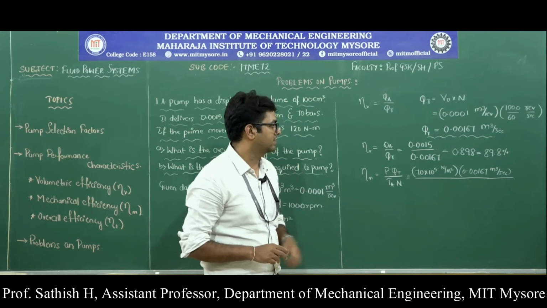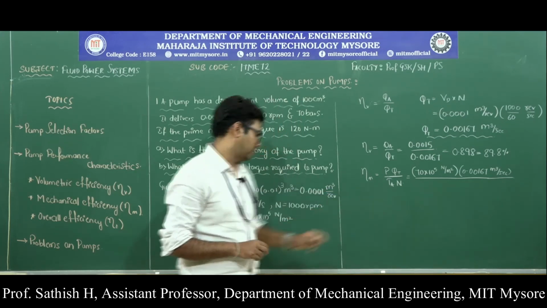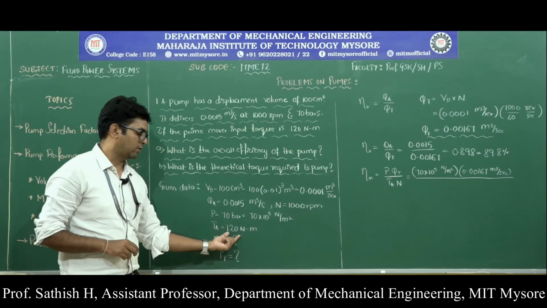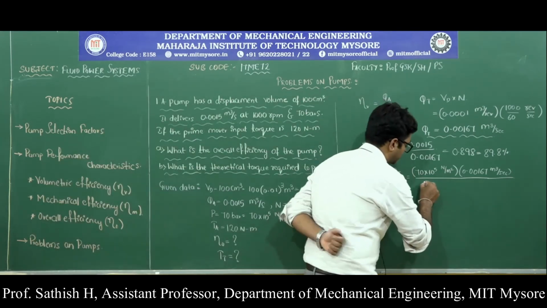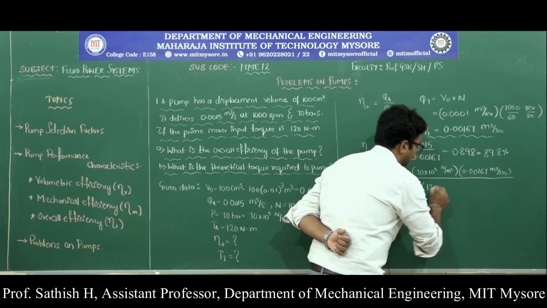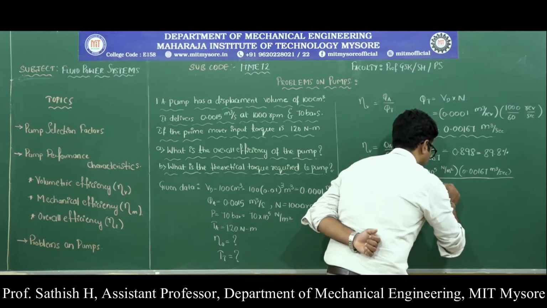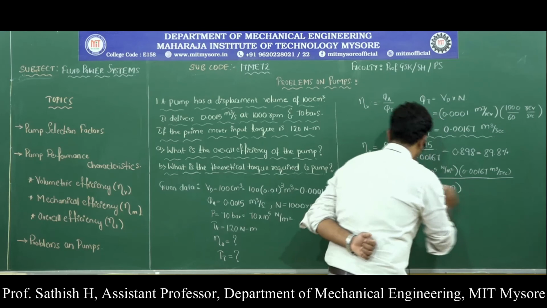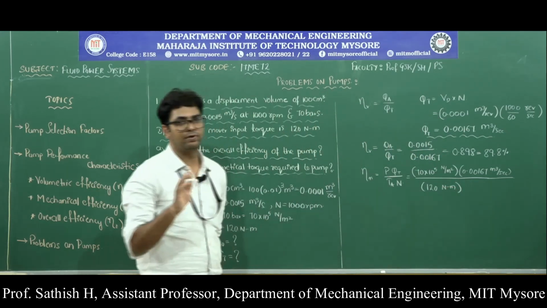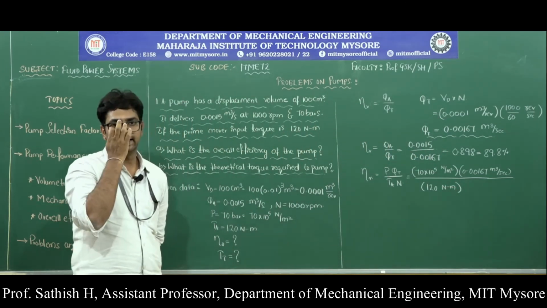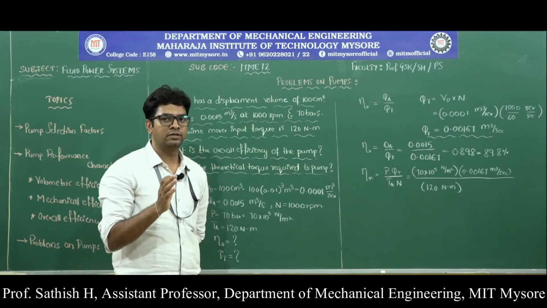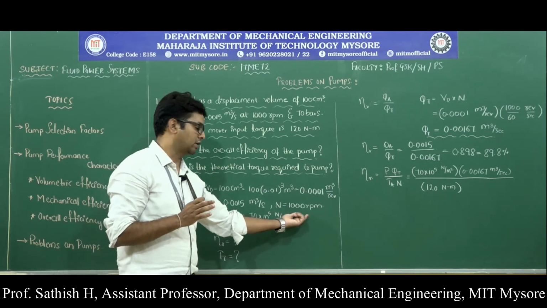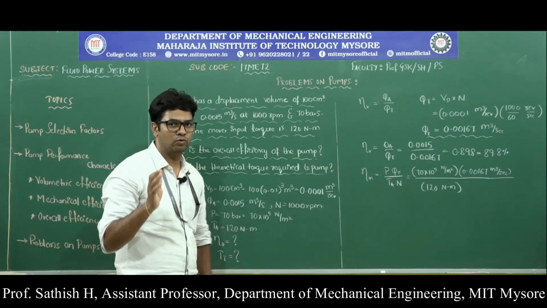What is in the denominator is the actual torque. Actual torque is given in the problem, that is 120 Newton meters. So this I am going to substitute. So this is 120, in Newton meter, which is multiplied by N, as I said before. You have to substitute the N, that is the speed of the pump, in radians per second. Whatever the RPM is given, 1000, you have to multiply by 2 pi by 60.